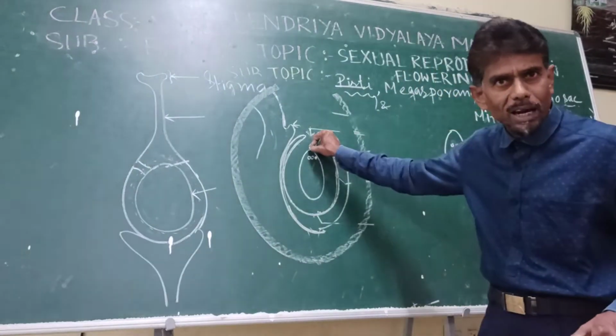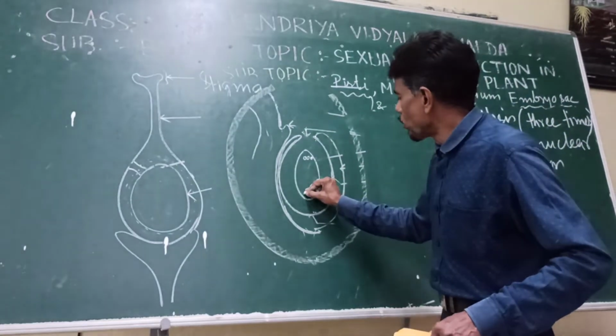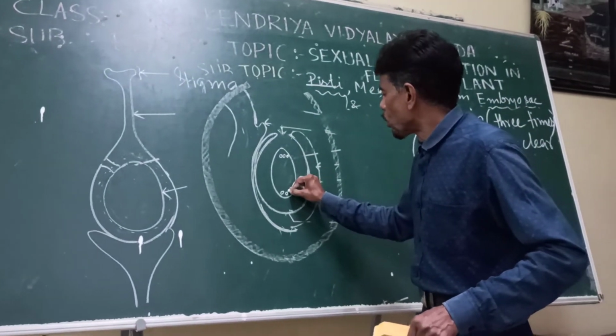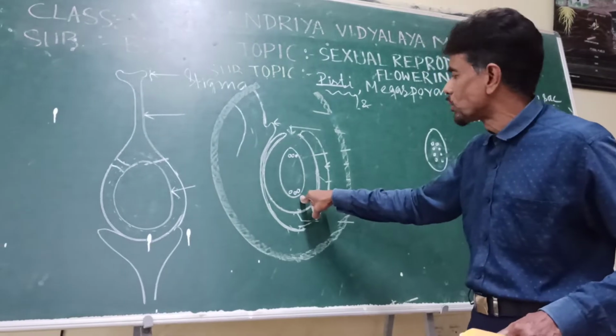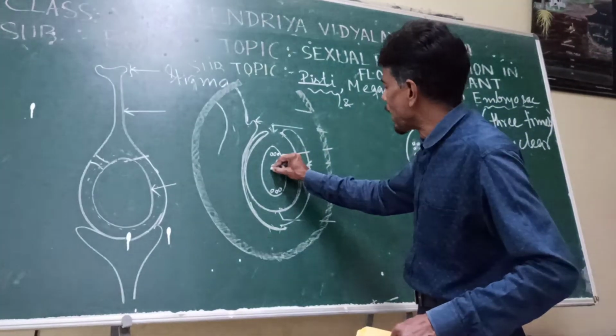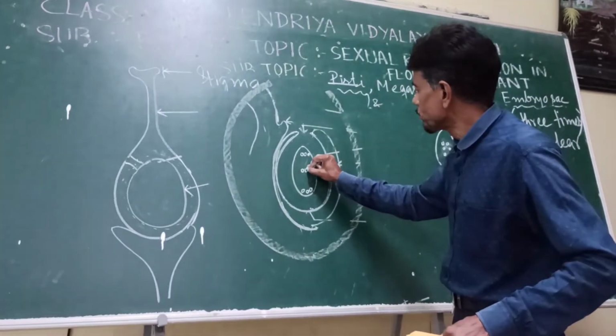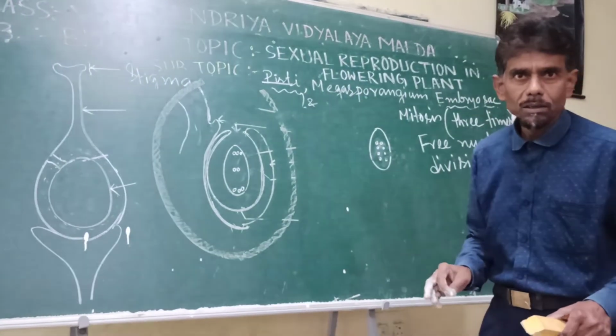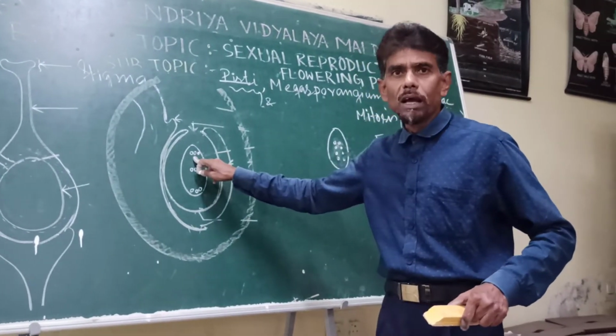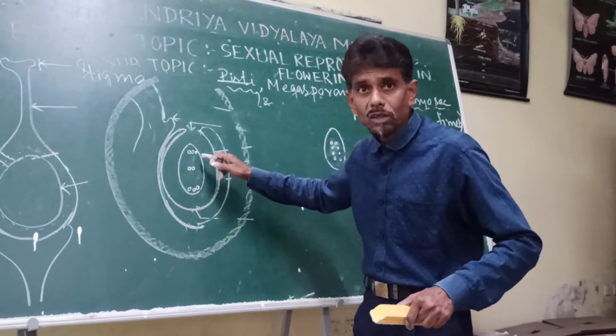What is the fashion? 3 nuclei will move towards the micropylar end. This is the micropylar end, as I have told earlier. 3 nuclei will move towards the chalazal end, and 2 remain at the center. Now the cell wall formation will start.